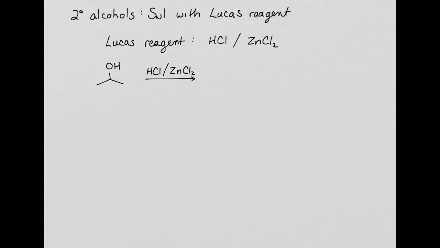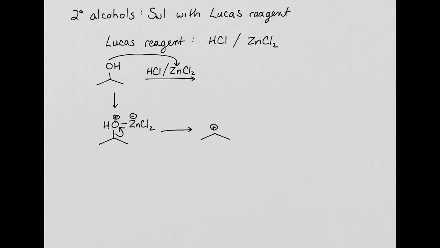In the first step of this mechanism, the alcohol attacks the Lewis acid, the zinc, to form a better electrophile. Next, the leaving group leaves to form the carbocation. This step occurs much more quickly with the help of the strong Lewis acid, zinc chloride.